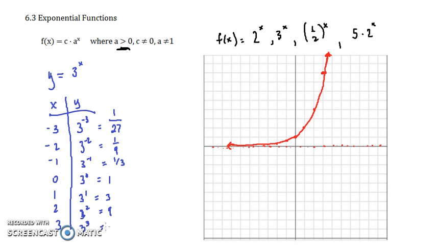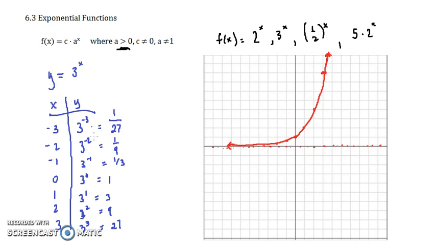And 3 to the third, 3 times 3 times 3 is 27. Okay, so again, we get this chart that we saw before. You see 3, 9, 27, 1/3, 1/9, 1/27. We could keep going from there, but we're not going to be able to graph all this as it is.